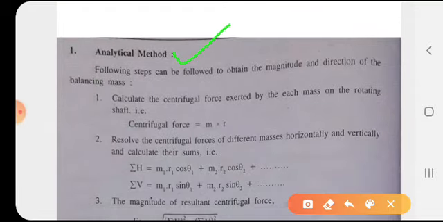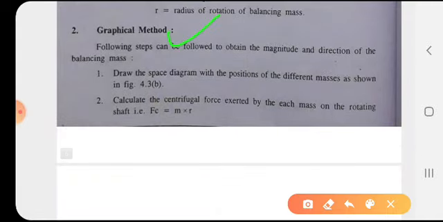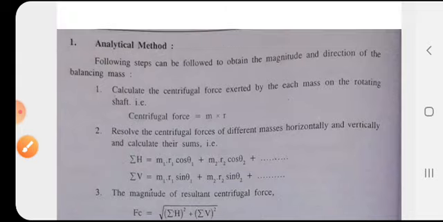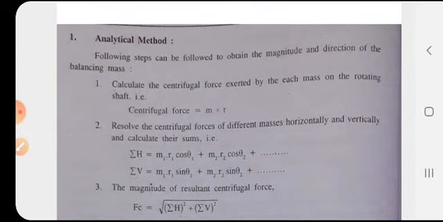So this is the analytical method and this is the graphical method. For the analytical method, there are 6 important steps.